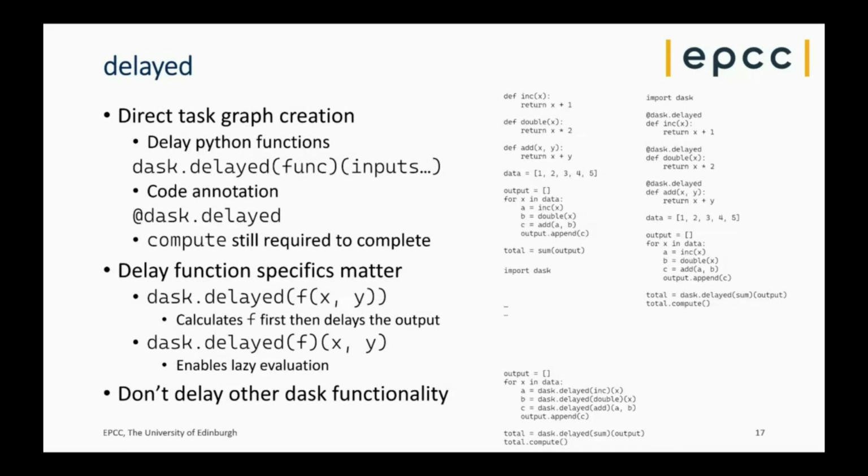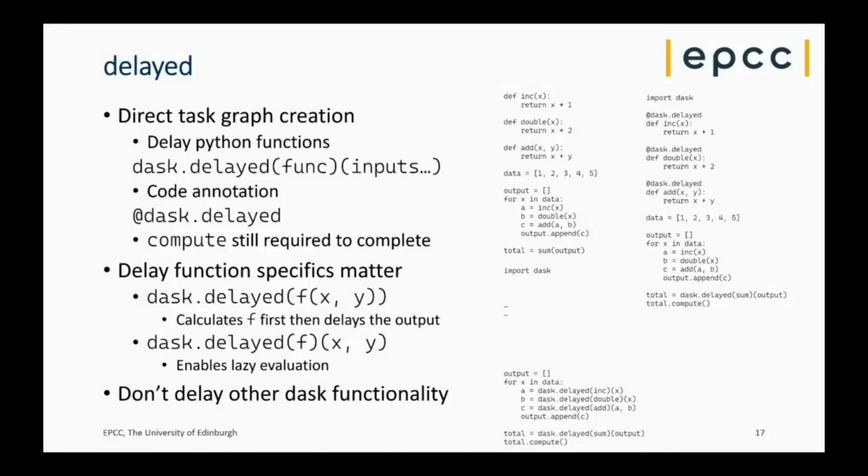So that's the built-in functionality you have from Dask, the built-in data types you get given. There is also, as I mentioned at the beginning, functionality to build your own graphs, so direct task generation, so you're not relying on inbuilt functionality from the data frame library or the array library or those kind of things.